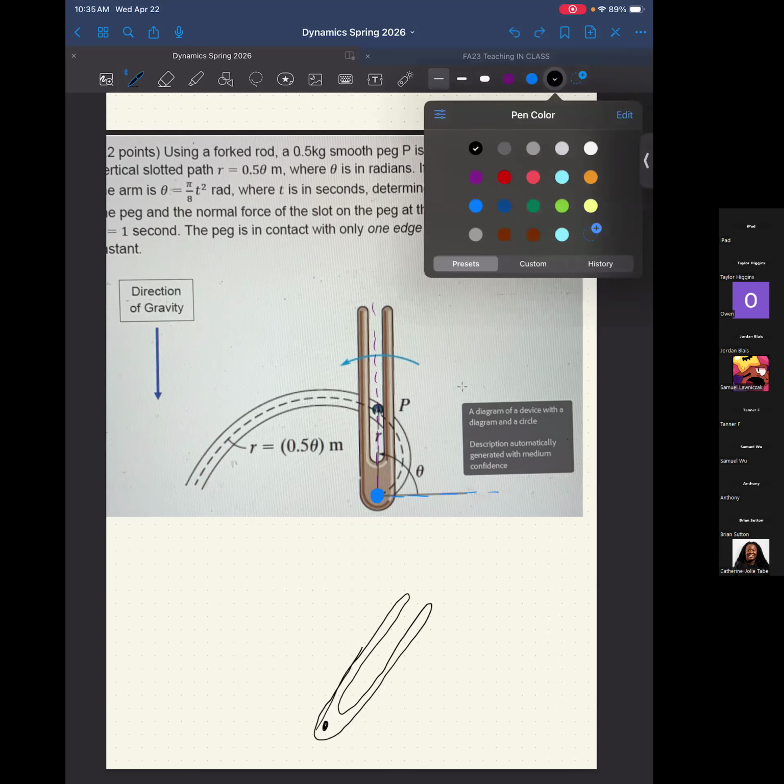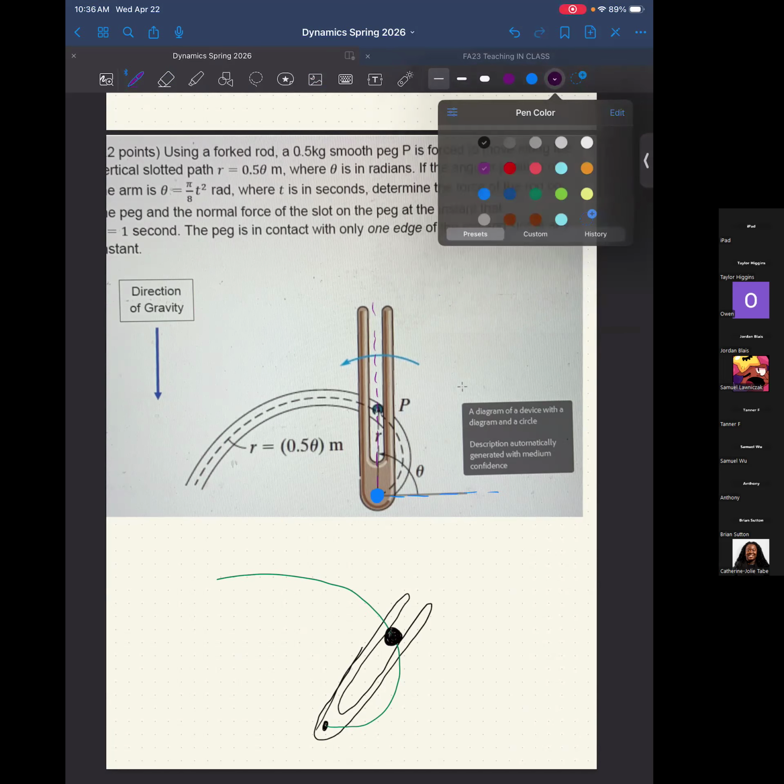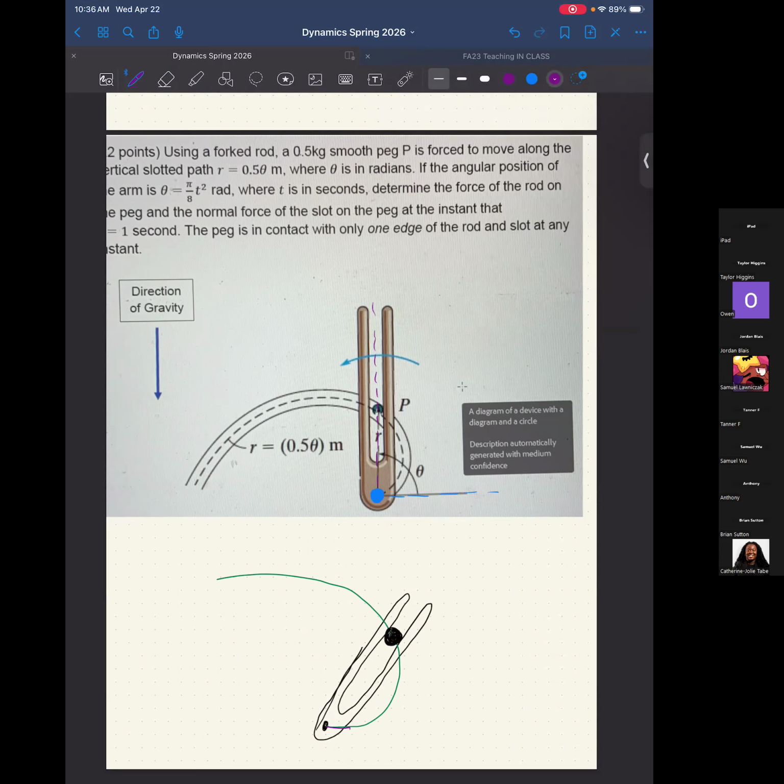Let me draw that path in green, because I always draw paths in green. Something like this, and the particle is right here. Regardless, we still keep the same origin and coordinate system.